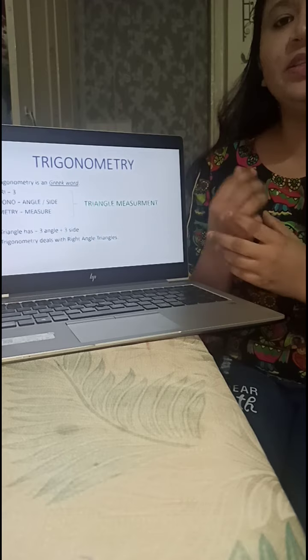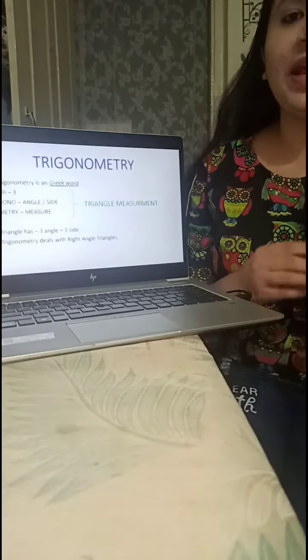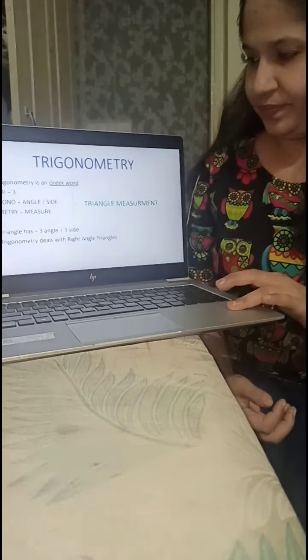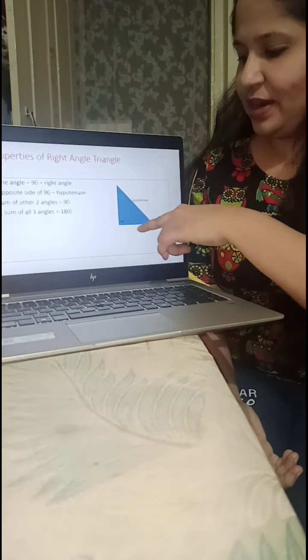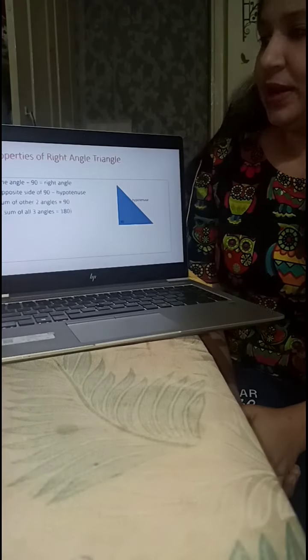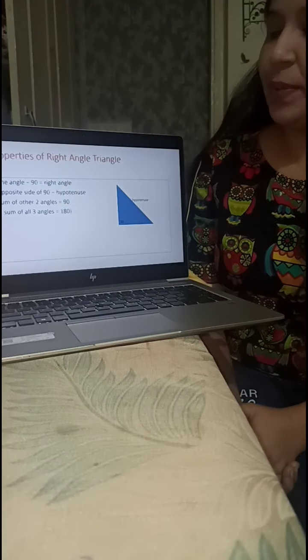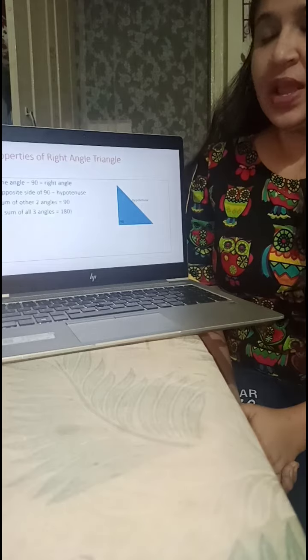Every triangle has 6 elements, 3 angles and 3 sides. So trigonometry specially deals with the right angle triangle. This is a right angle triangle. Now we see properties of a right angle triangle.